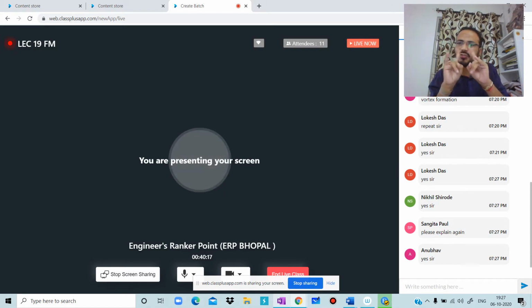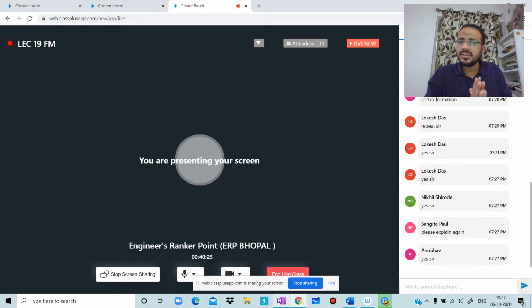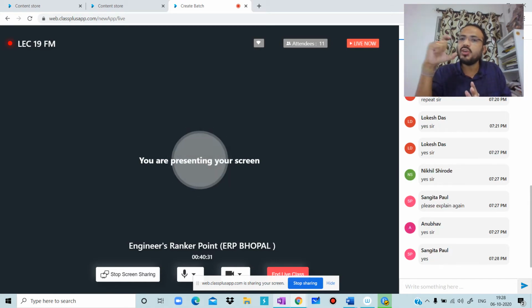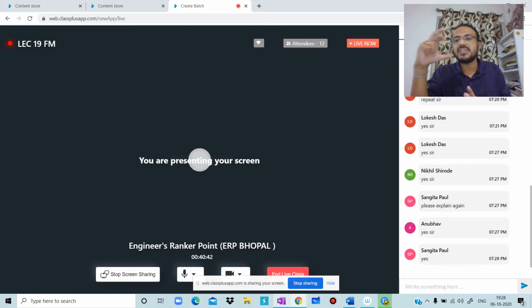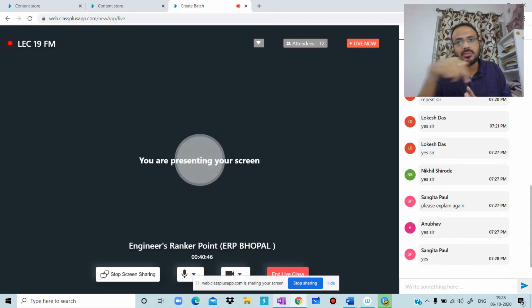Yes or no? And the whole fluid is around the surface only. Is it clear? And there is no motion between any two points, or between any two fluid particles. When there is no motion between two fluid particles, it comes under the category of fluid statics. So that's why we deal with it in the fluid statics chapter. Very good.